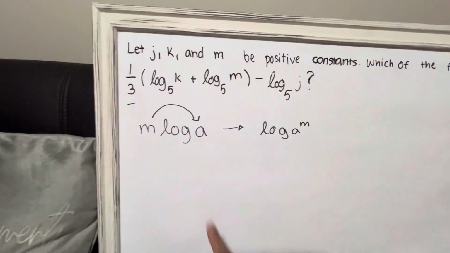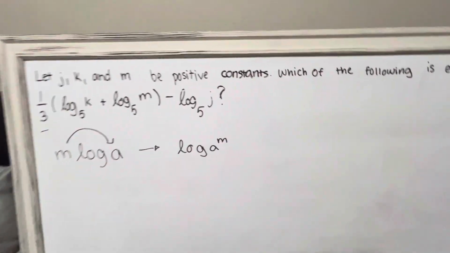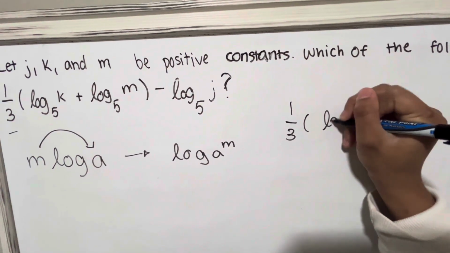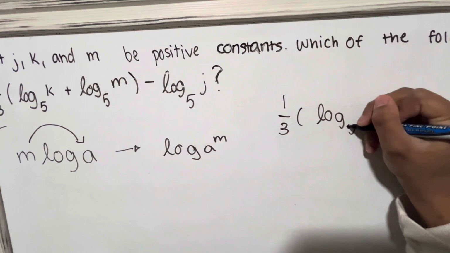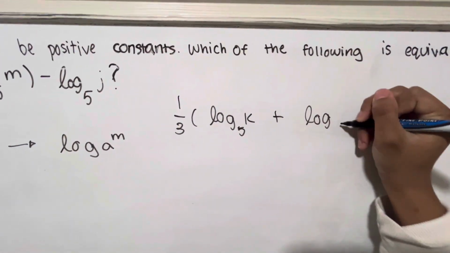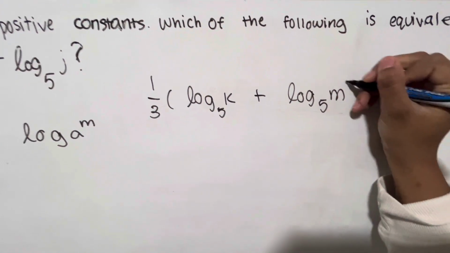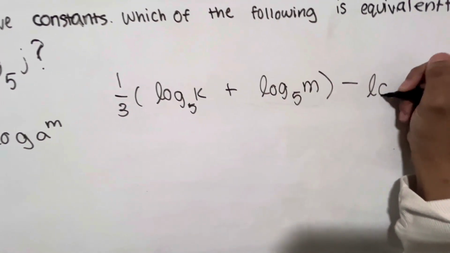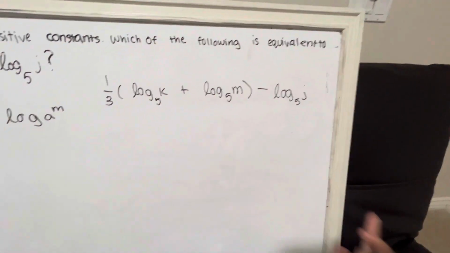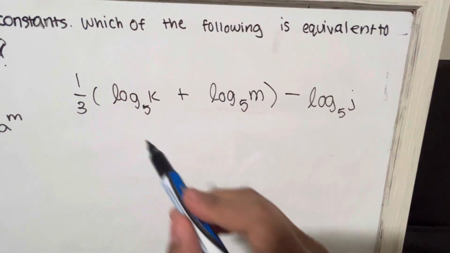We're going to have to do the same thing here. So when you have 1/3 log base 5k plus log base 5m minus log base 5j, I'm just going to write it over here so it's more spread out.